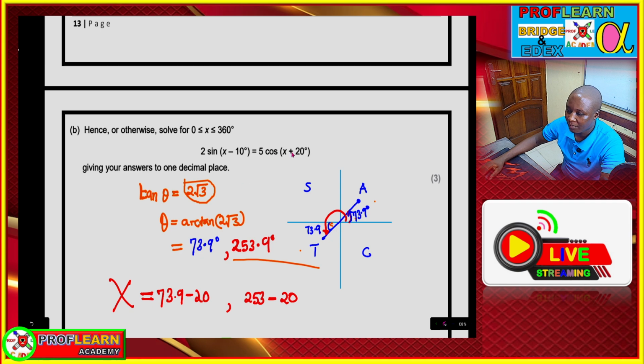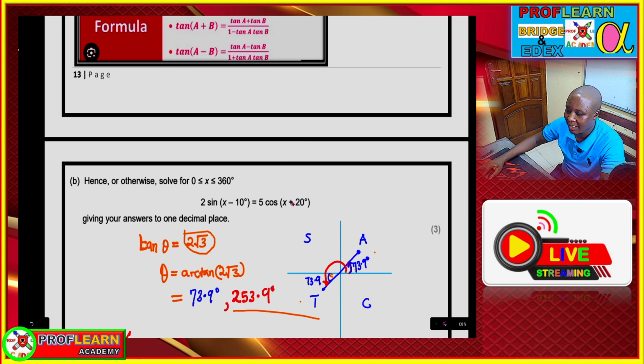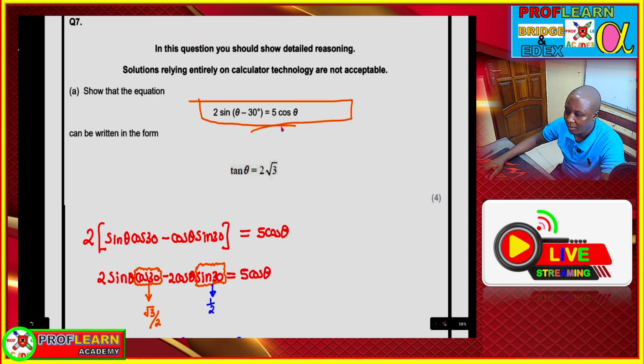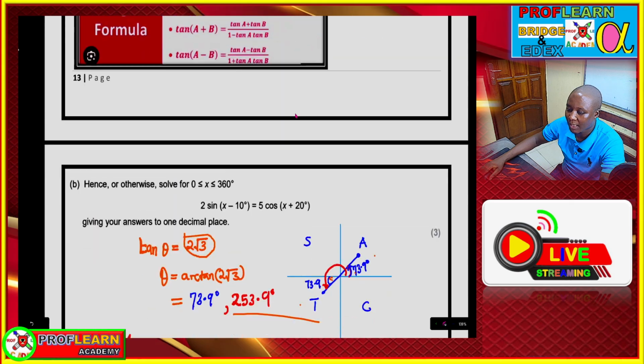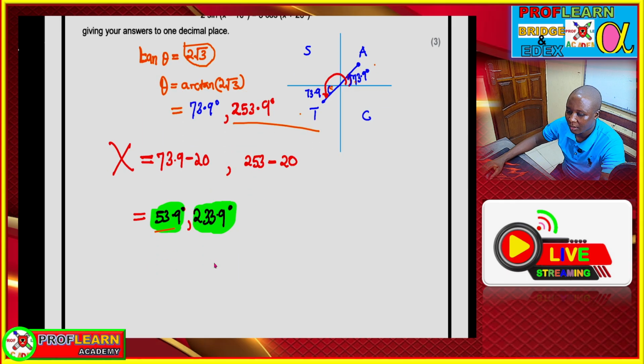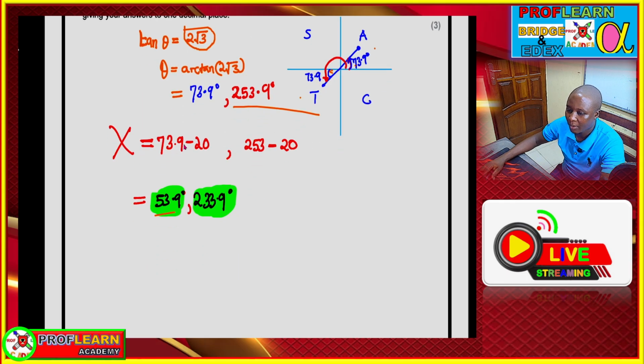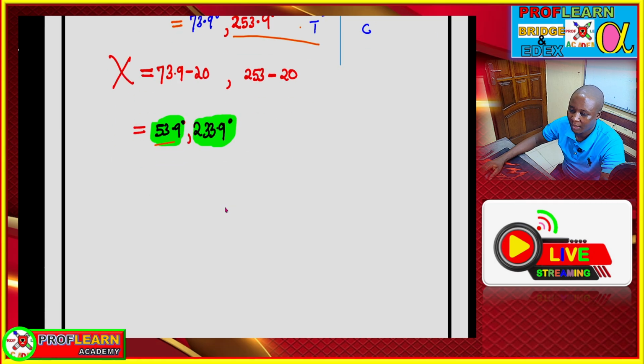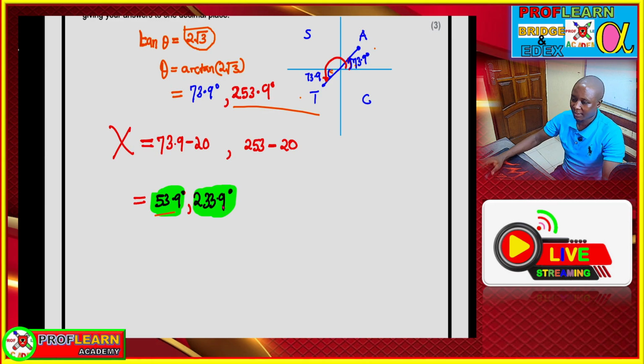But since this was x plus 20, and here it was just x, I have to subtract that 20 that was added here. So to get the solution for x, it will be 73.9 minus 20 and 253.9 minus 20, and this becomes the answer in that case.